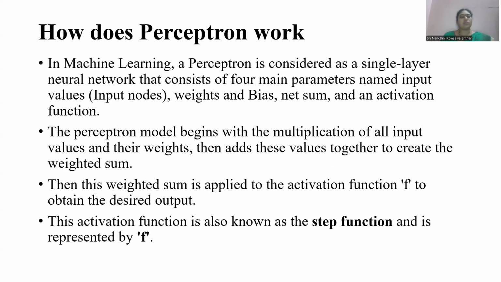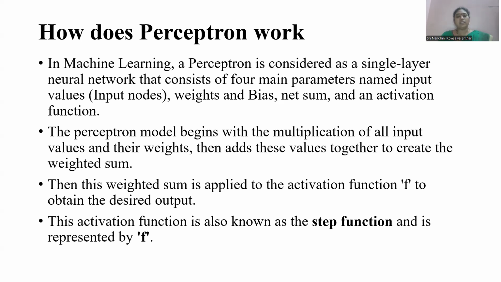Then here we are going to see how the perceptron works. In machine learning, the perceptron is considered a single layer neural network that consists of four main parts: input values, weights and bias, net sum, and an activation function. The perceptron model begins with the multiplication of all input values and their weights.